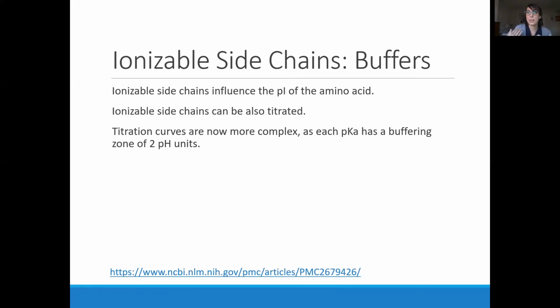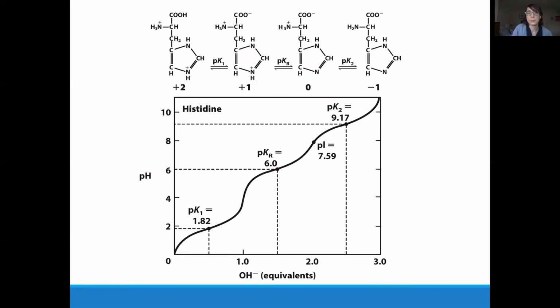I'm going to show you an example of one of these titration curves, but know that there are a few groups, and we'll go over them, that have these ionizable side chains. There are going to be a few special amino acids that have an extra pKa group on them. One of those examples is the amino acid histidine.